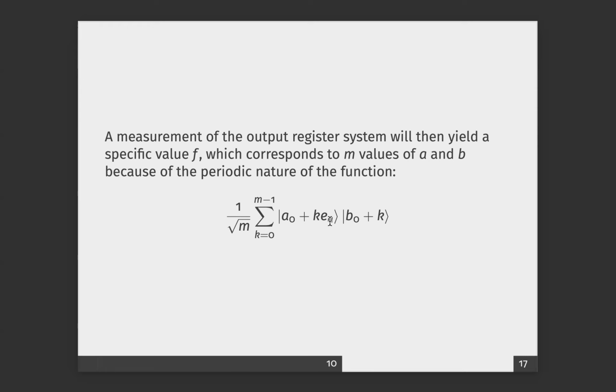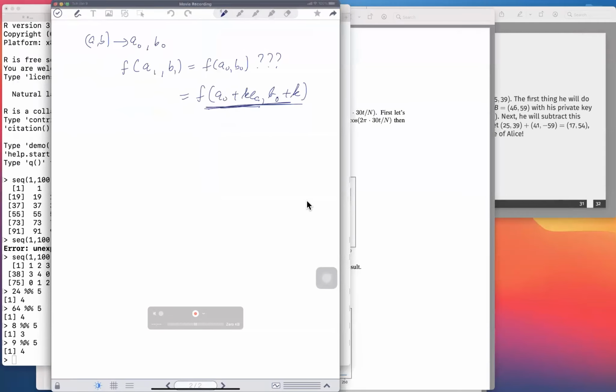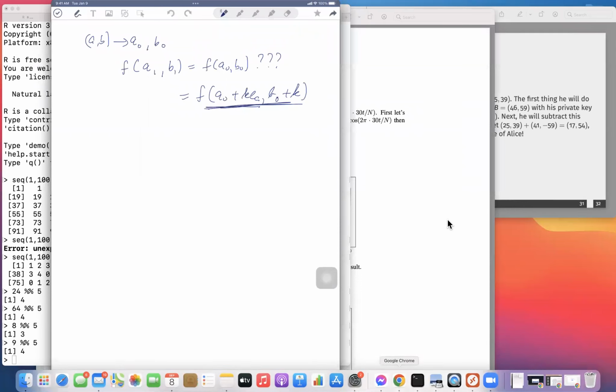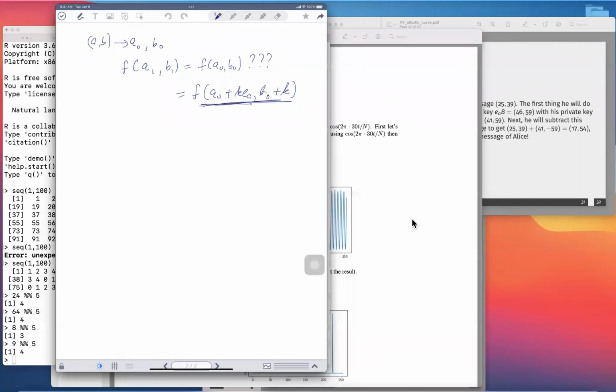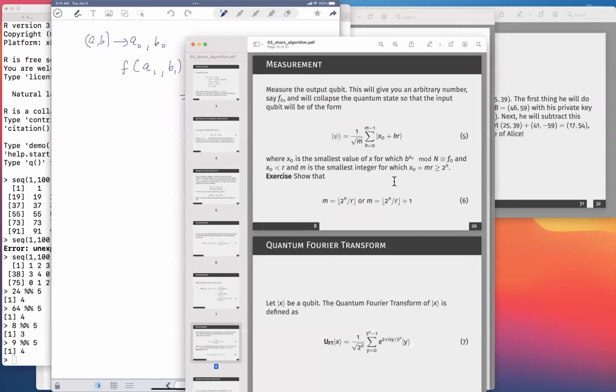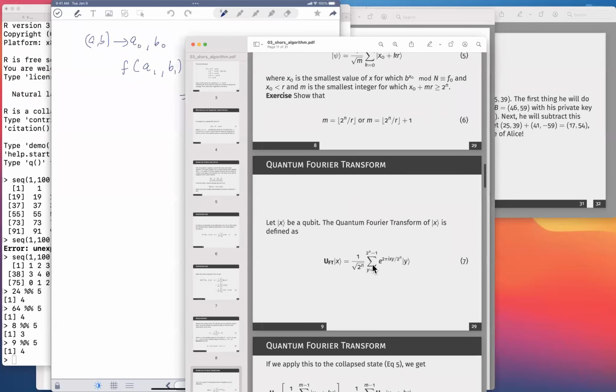Now, by definition, the Fourier transform is defined as, if we go back, this one is Shor's algorithm series, session 3.